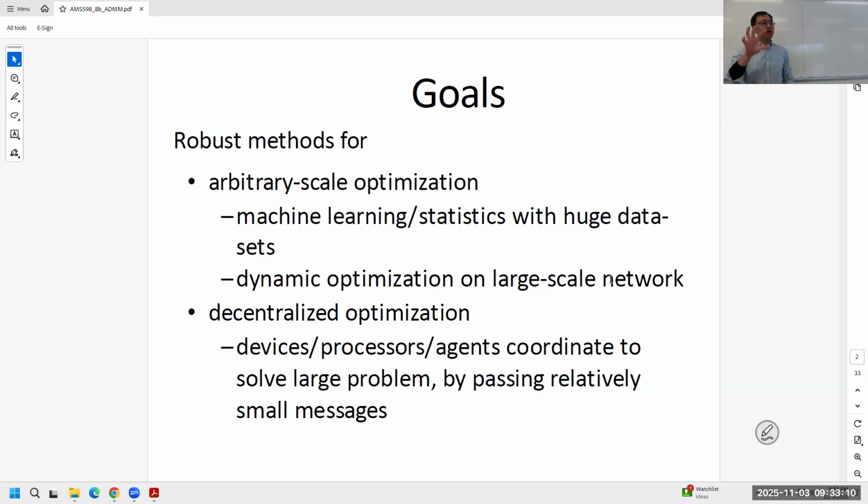For each iteration, this is a large data computation, so we can use MapReduce at each iteration. So then we can achieve that.